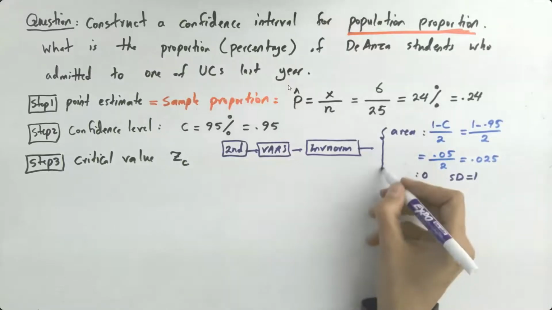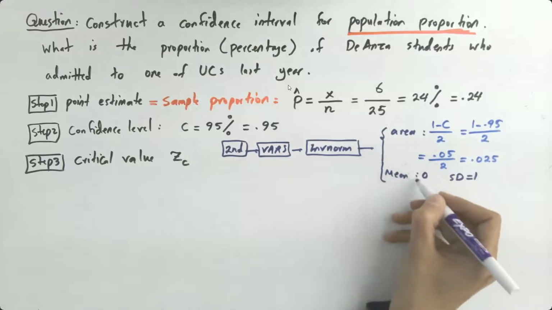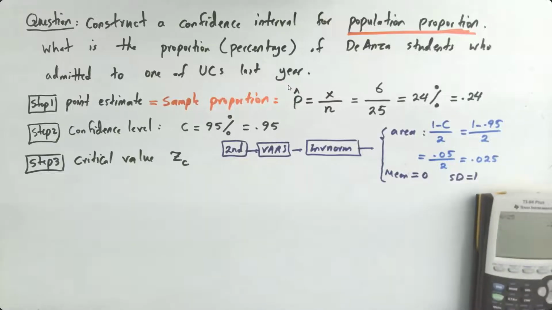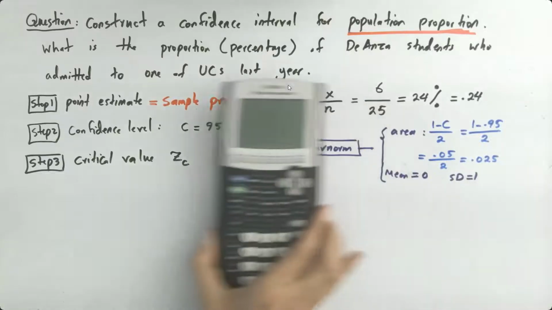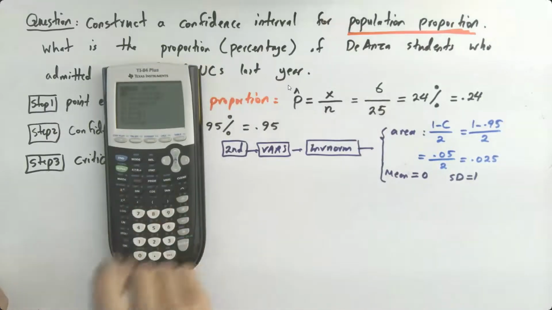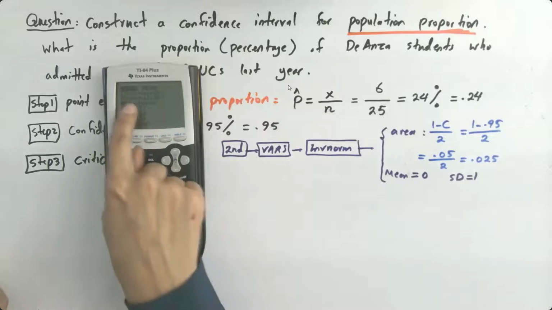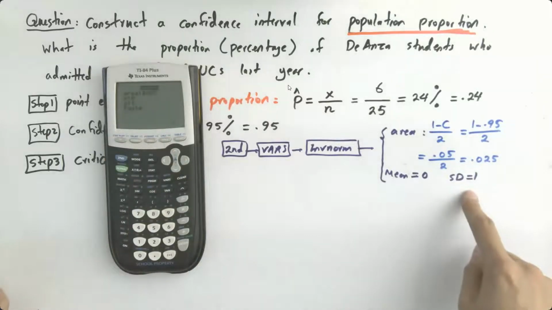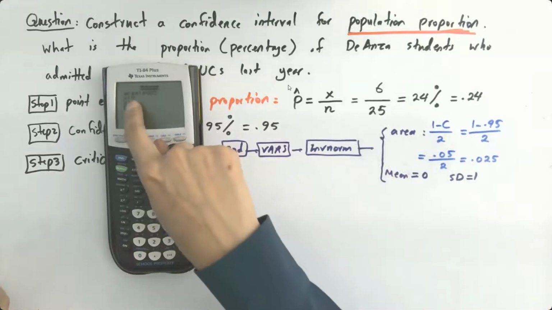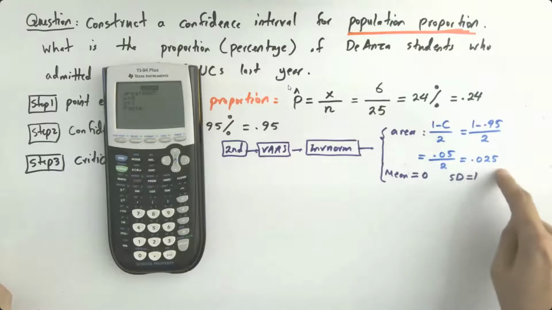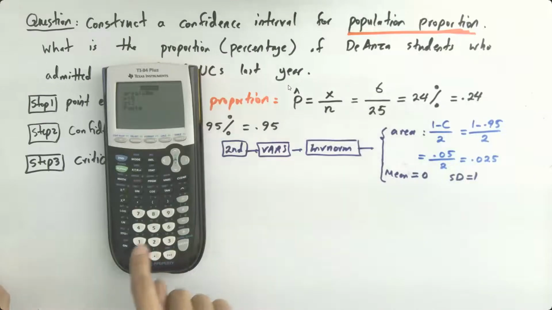Very good. So far so good. I have all the information that I need. Now I'm going to use my calculator to actually see what that value is. So second vars, inverse norm, mean 0, standard deviation 1. We're not going to change these two, but the area is 0.025.